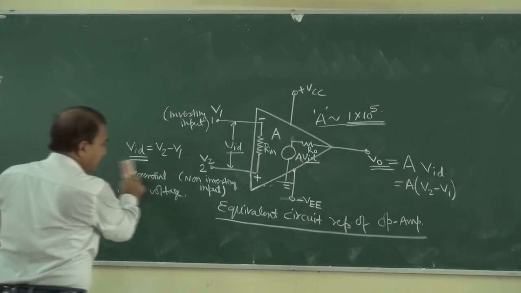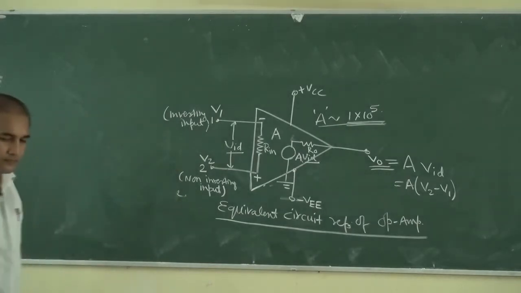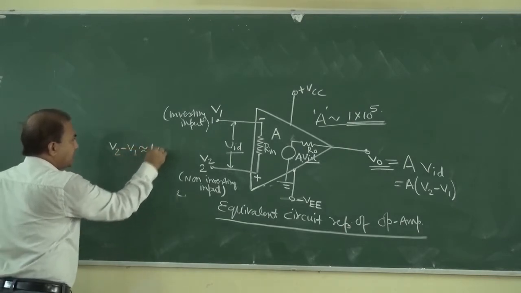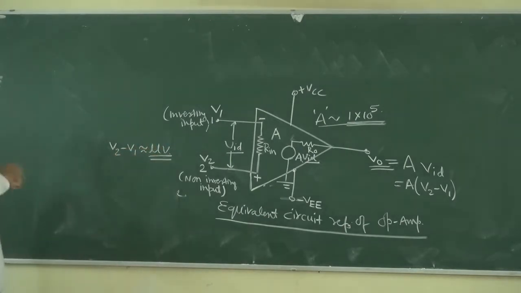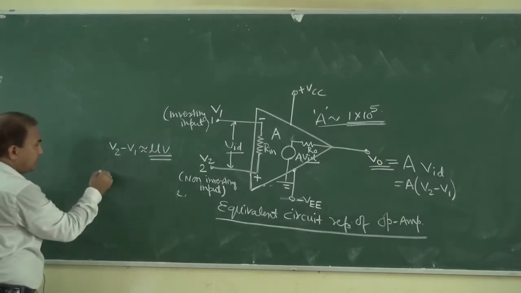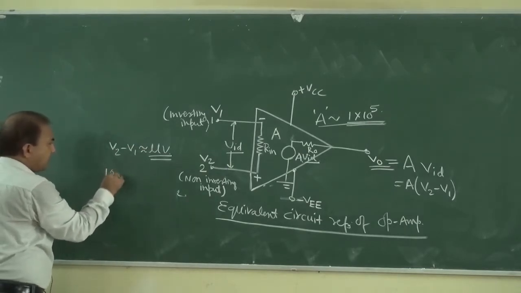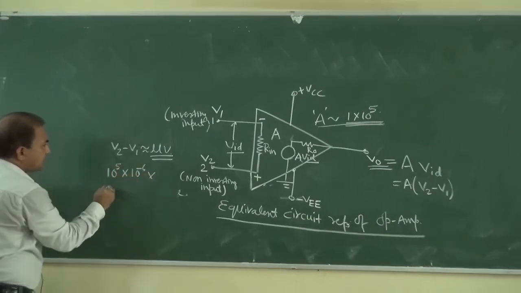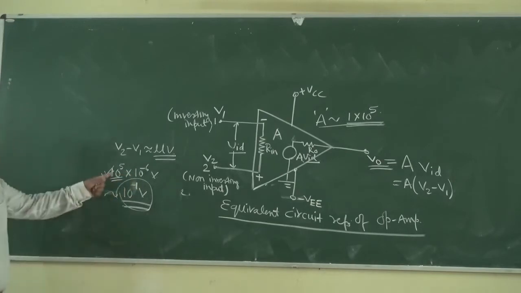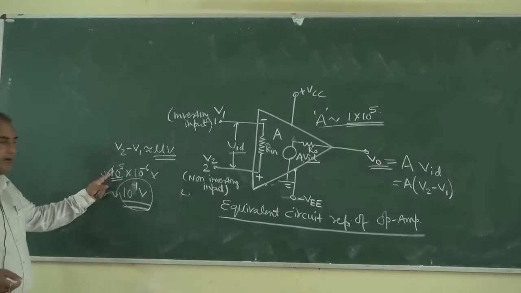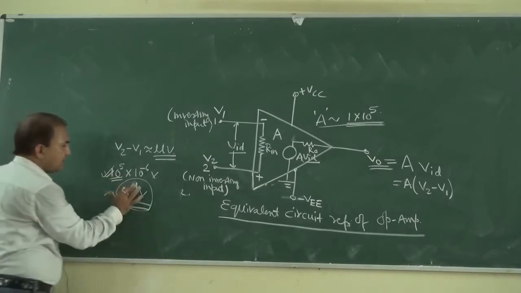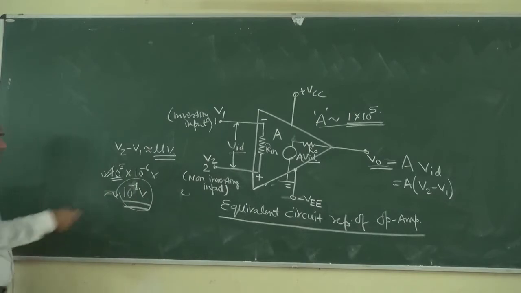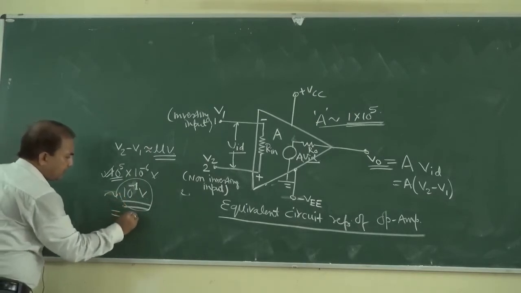If V2 minus V1 is in the microvolt range, then it can still amplify it. A is 10 to the power 5, multiplied with 10 to the power minus 6 volt, which is equal to 10 to the power minus 1 volt, that is 0.1 volt.